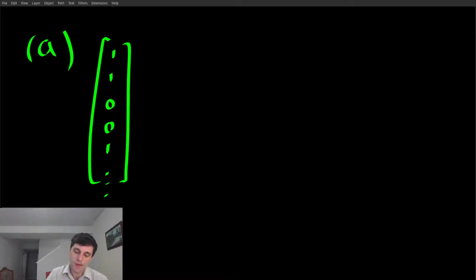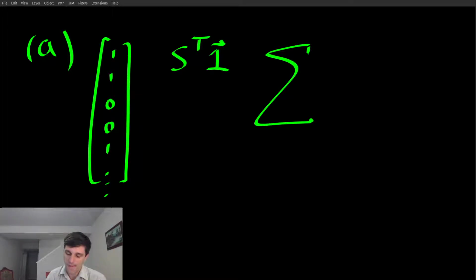So I could say something like S transpose 1, the one vector, because the one vector would have all ones, and the inner product multiplies each of these together and then adds them all up. I could also directly write the sum from i equals 1 to 20 of S sub i. And those two things are equal. Either one would work. So I think that's just fine.